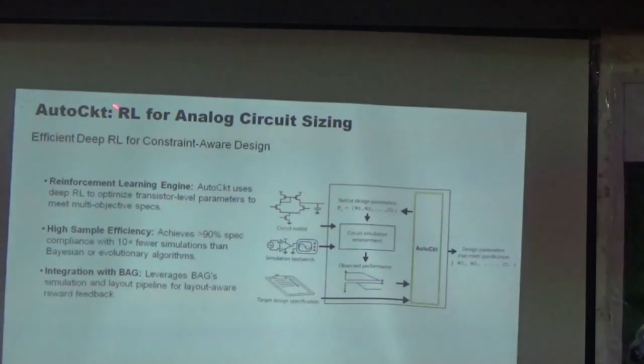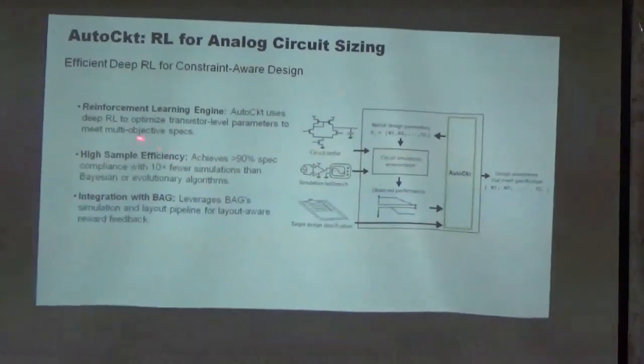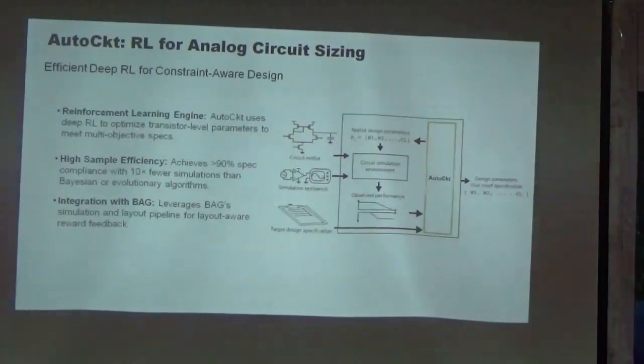This is another work, AutoCircuit, also from a group at the University of California. They demonstrated this in this paper. It is much faster than the previous one, and they take the schematic netlist and produce the layout directly based on all the design variables.